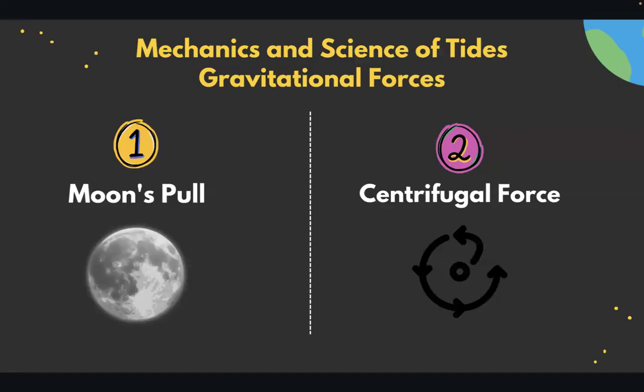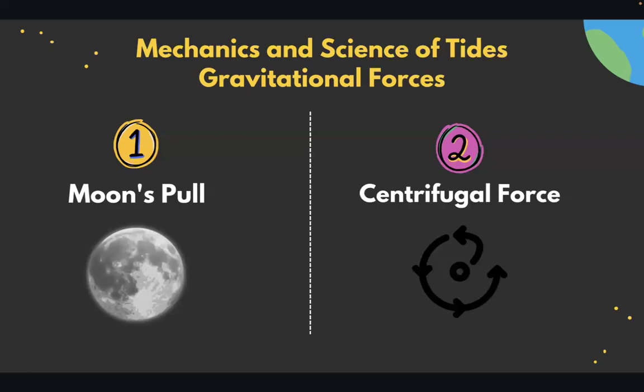So let's move on to the mechanics and science of tides and gravitational forces. The tides we see on Earth are caused by the gravitational pull of the moon and the balancing effects of the centrifugal force. The moon's gravity pulls on everything on Earth, but it has a stronger effect on water because water is fluid and can be moved easily.